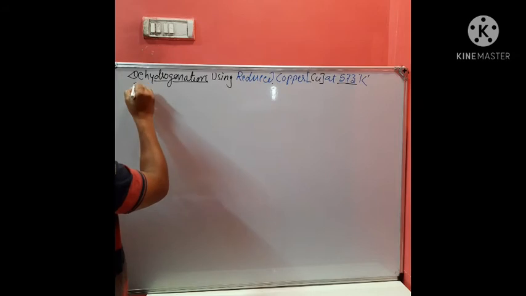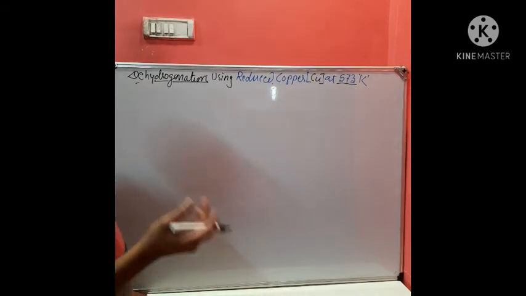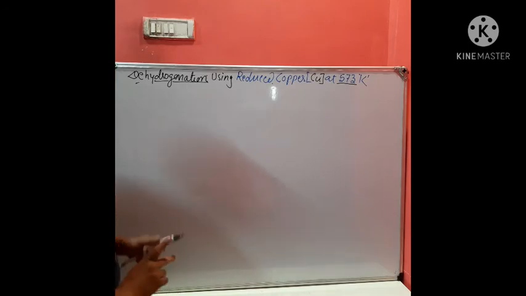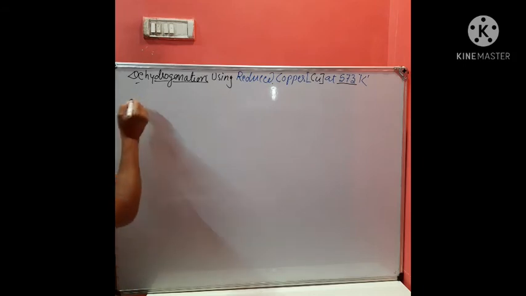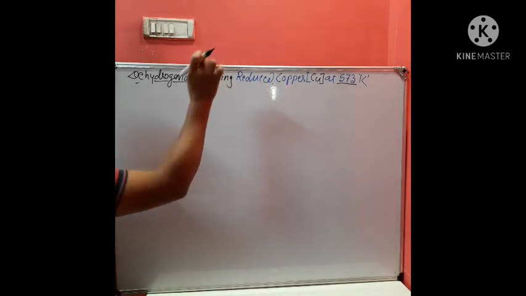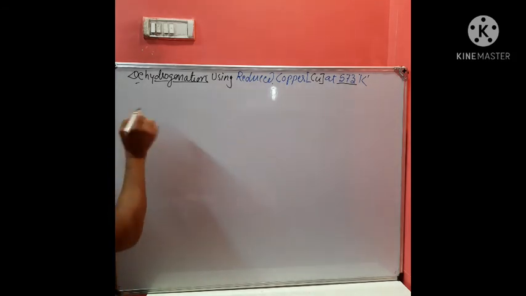Hydrogen, that is removal of hydrogen. When we are using copper, and at 573 Kelvin temperature, then the reaction will be, I mean it is an oxidizing agent, we are using reduced copper. This is also under oxidation reaction.